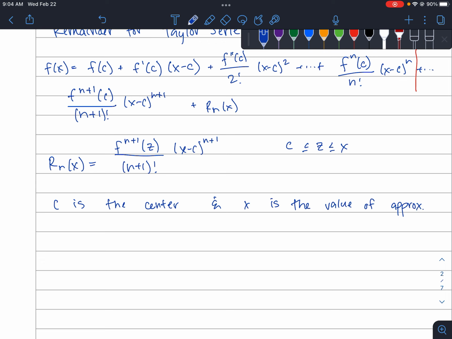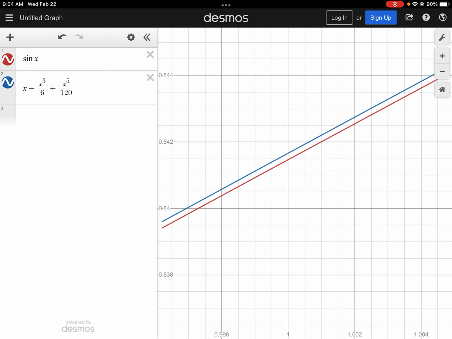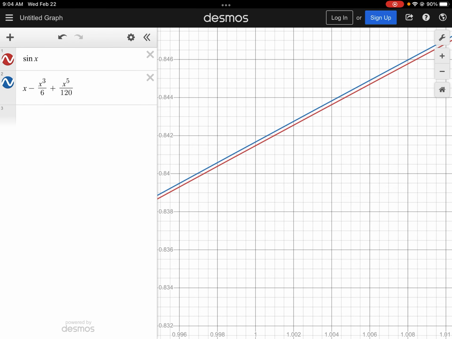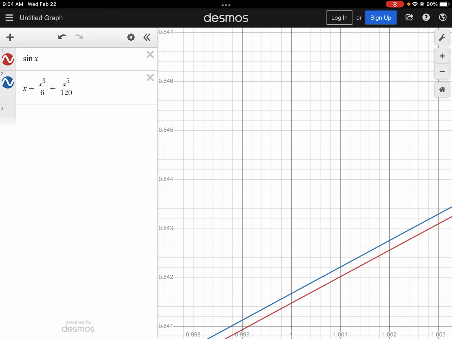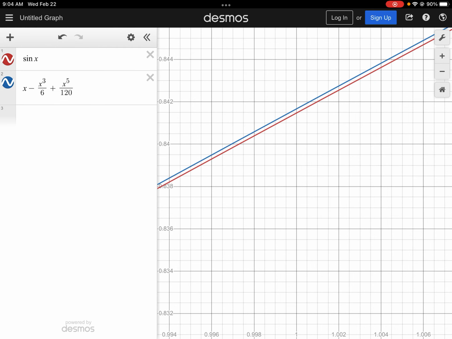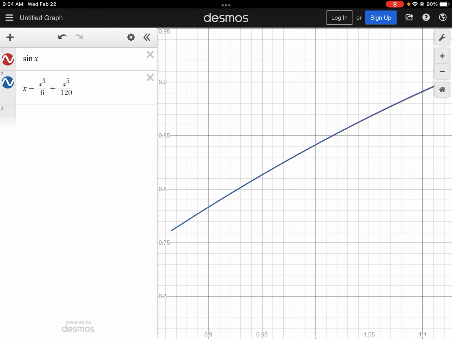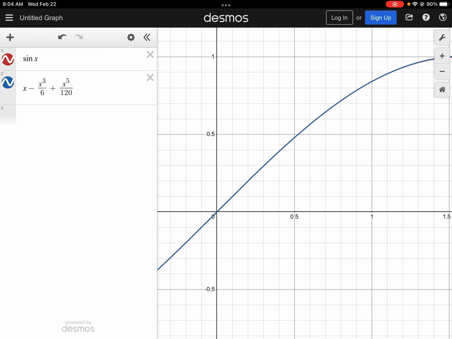If you need to pause it to finish writing, I'm going to jump to another screen. So here's what he's basically saying. You can see where x is equal to 1 at the bottom of the screen, that difference between the function, you can actually find that exact difference by using that formula.